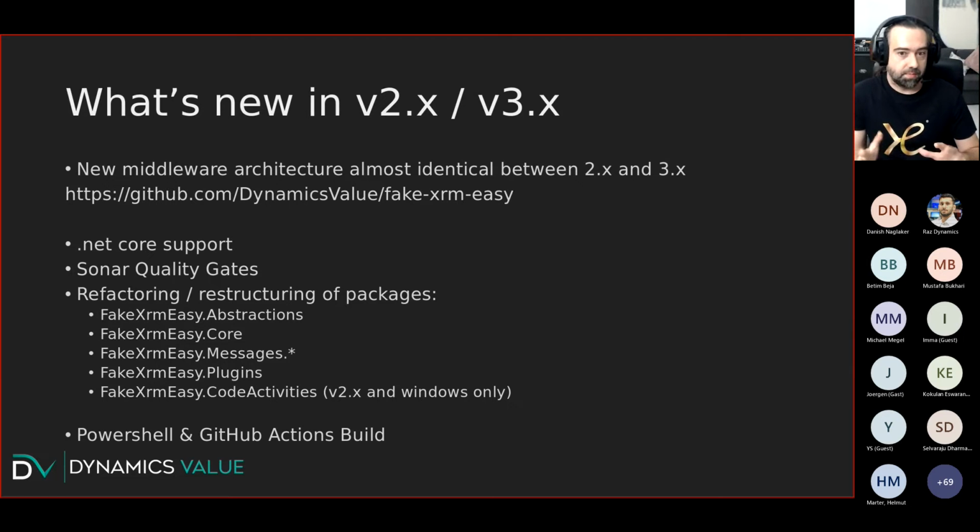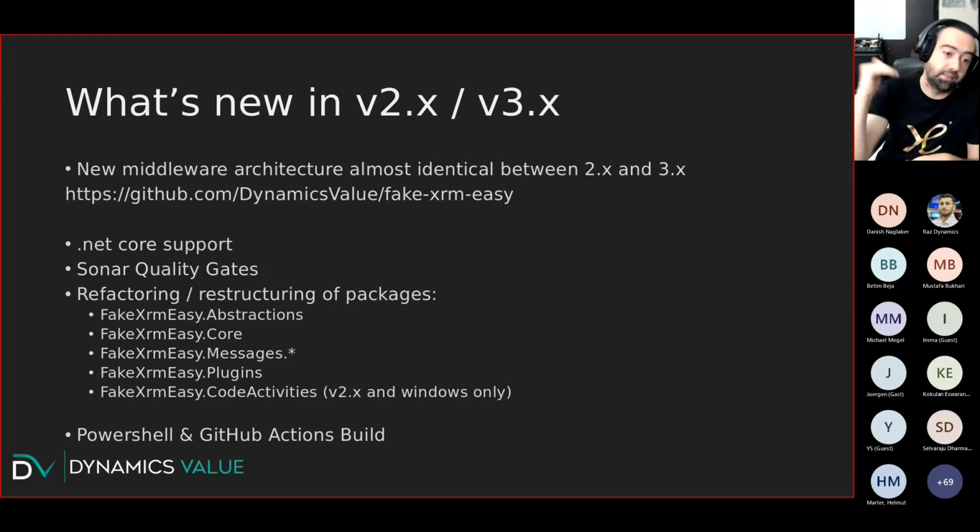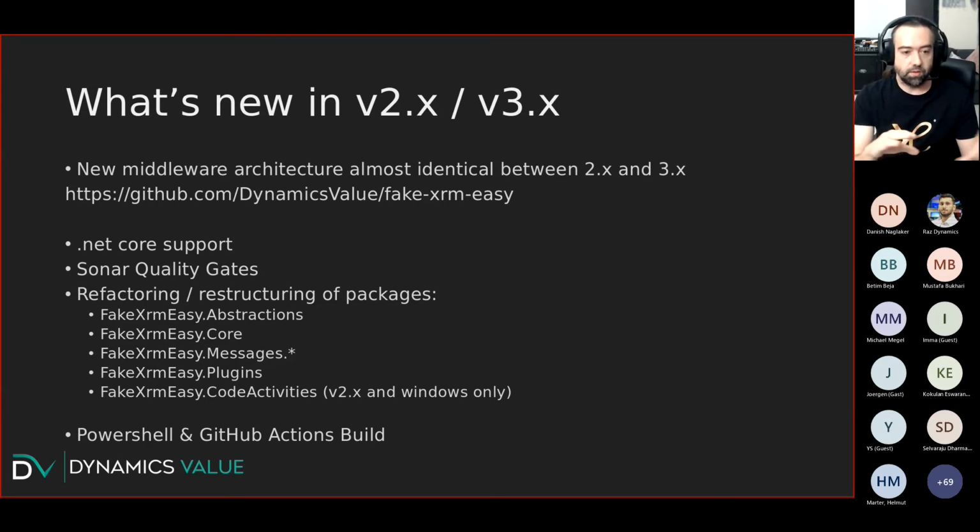Actually, the architecture is almost identical. It just changes that in version 3 we're introducing the latest functionality from the database client. But from a point of view, architecture is almost the same. Now we are bringing .NET Core support. All the original repository has been broken down into several ones, as you can see: abstractions, core, messages, plugins, and code activities.